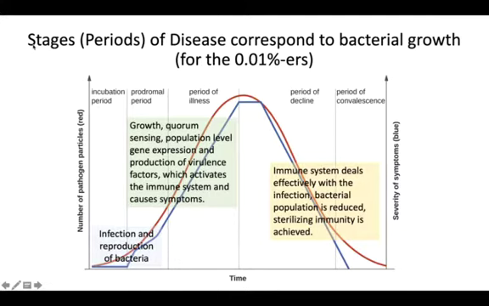In other words, the pathogen has been conquered. At that point, we have a period of convalescence where our cells are healing, and we will return to a healthy condition.